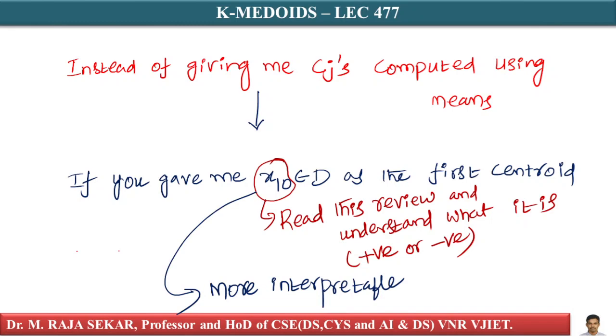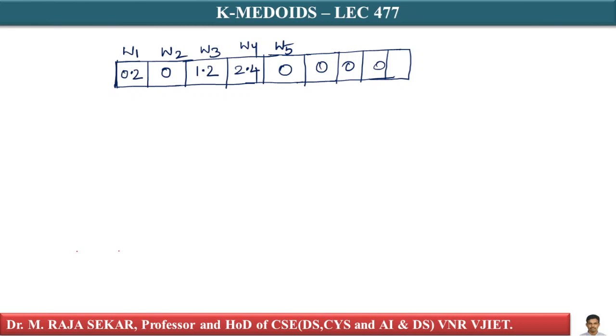X10 is more interpretable. In the same example of Amazon Fine Food reviews, if you give me a vector like this, I can't make sense out of it. Instead, if you give me x10 as the first centroid, I can see the review text. I can read it, which makes the whole thing much more interpretable.